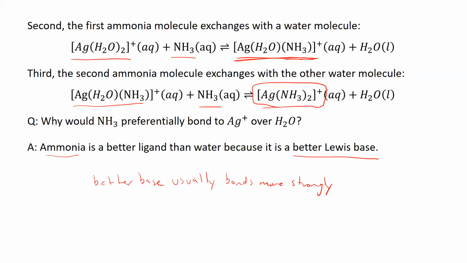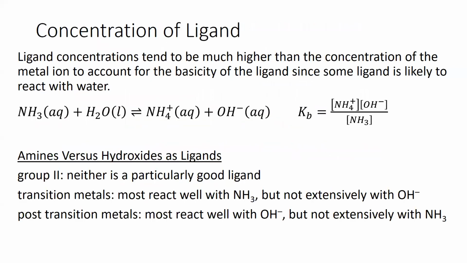Okay. So with that in mind, understanding concentrations of ligands compared to the concentration of the metal ion is important. Okay, so those tend to be much higher in concentration. I mentioned this before. They tend to be very much higher in concentration than the concentration of the metal ion.